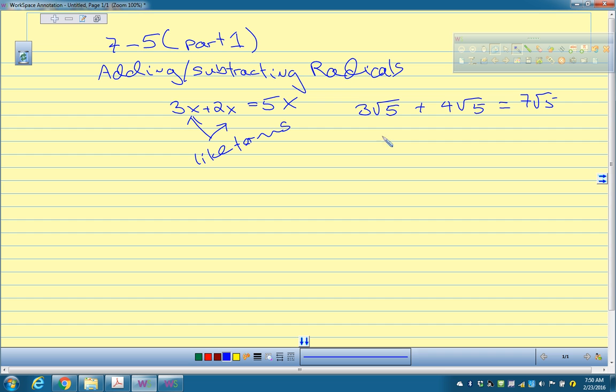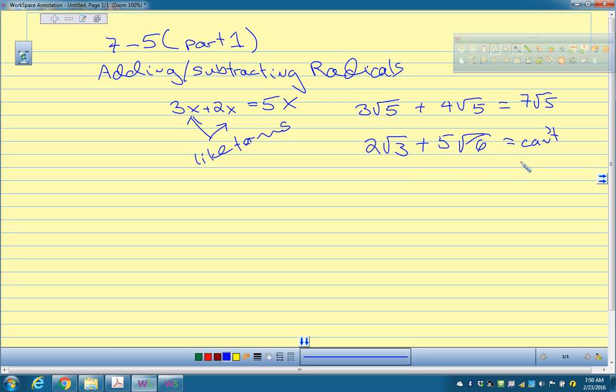What you can't do, you can't take like 2 root of 3 plus 5 root of 6 and add those things together, because those are not like terms, okay? You can only add radicals if the thing under the square root is the same. But there's a way to change it so that they are the same, so then you could add them, okay?